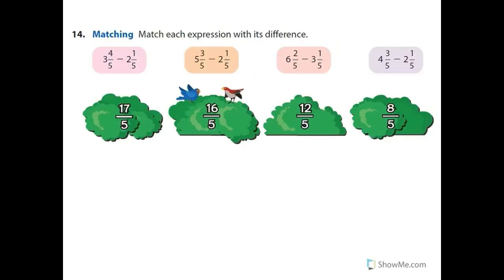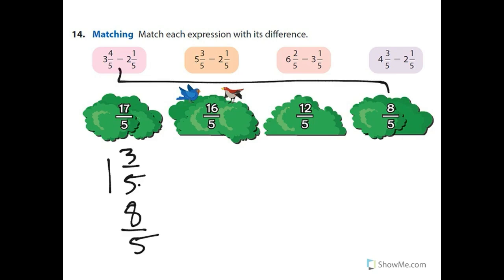Alright, number 14 is matching, so we're going to match these to each other. So we get 3 minus 2 is 1, 4 minus 1 is 3/5. Well, all of these are improper fractions, so I need to make this an improper fraction. So 5 times 1 is 5, plus 3 is 8. 8/5, way over here.